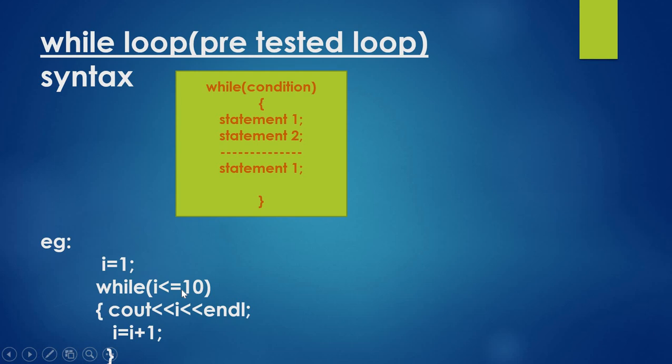That is, if the condition is true, it will execute the block of statements, and if the condition is false it will exit from the loop. Also, in the while loop the condition is checked at the beginning of the loop. That is why it is called a pre-tested loop.